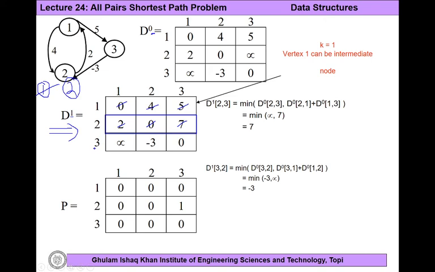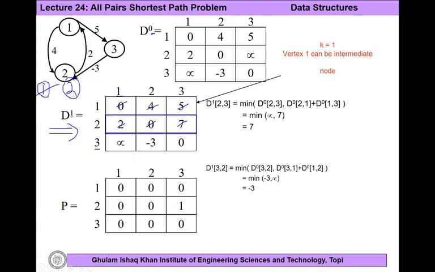Now considering 2 between node number 3 and 1, if we go to node number 3, the direct distance, if we see here, is infinity, but let's go from 3 to 2. Yes, we can do that. And from 2 we go to 1, that can happen. So from 3 to 2 we reach there in -3.